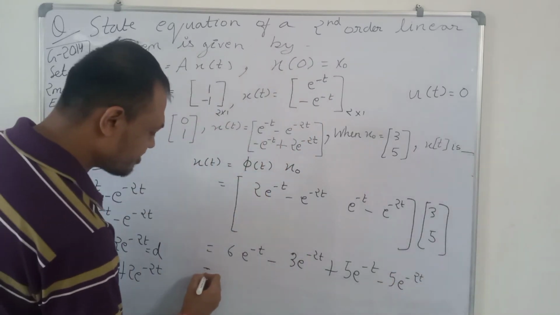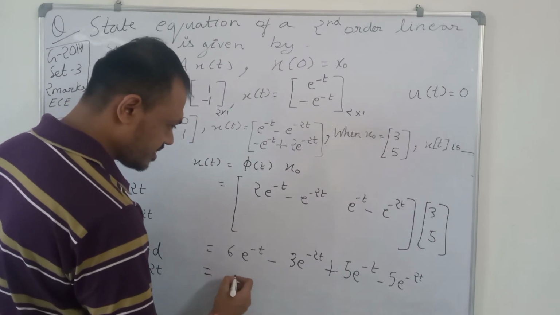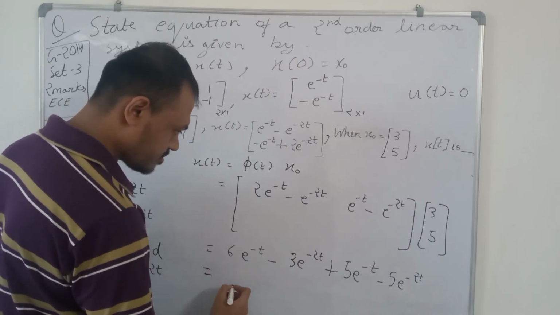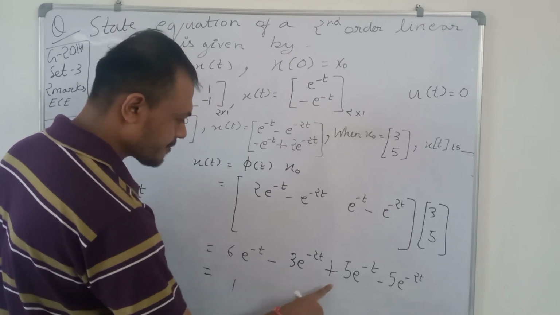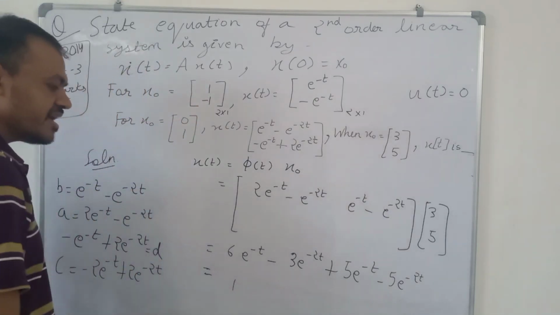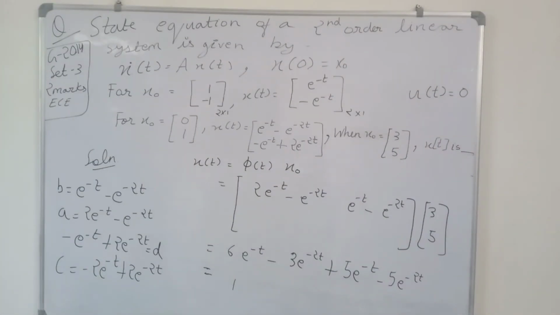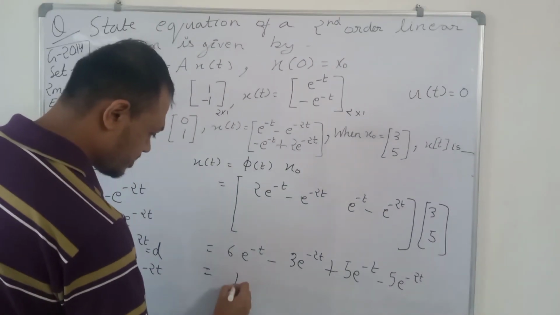So this will be equal to 11 e to the power minus t minus 8 e to the power minus 2t.